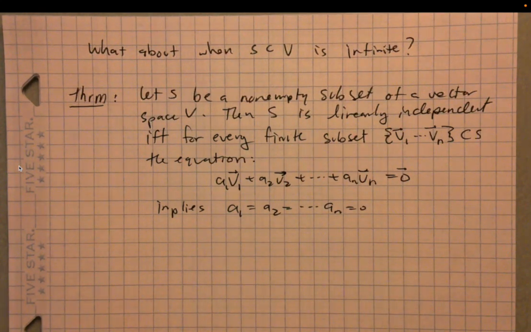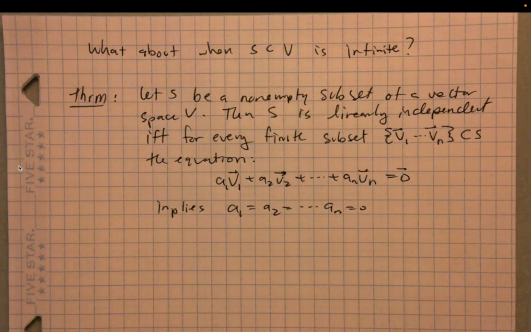If it does, which is the exact same condition that we needed before in the case of a finite subset, and it's true for every finite subset of an infinite set, then the infinite set is linearly independent as well. So it's basically the exact same condition.